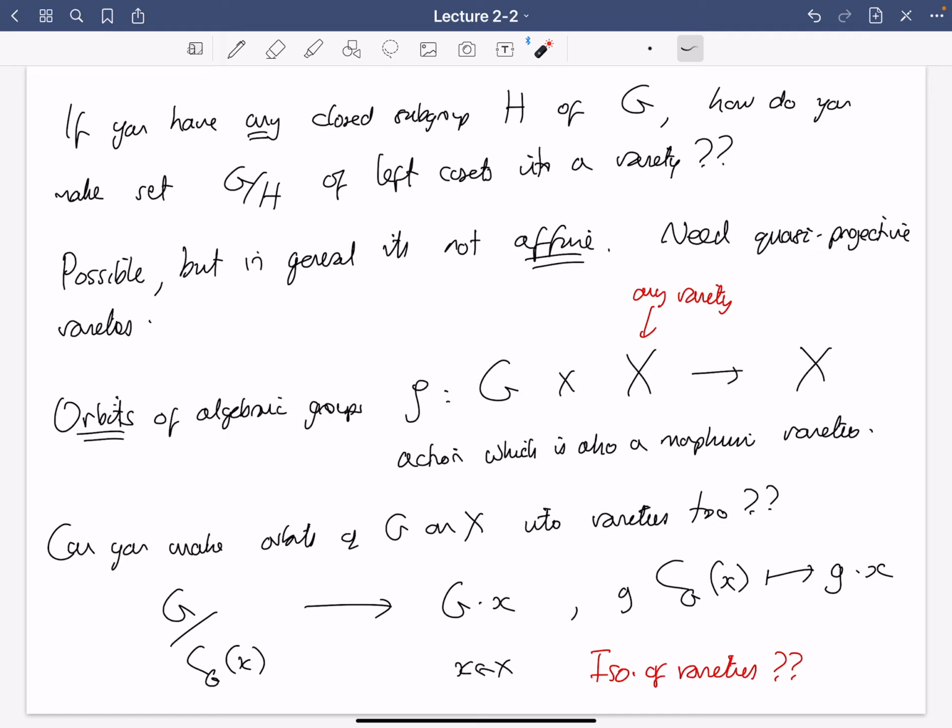And again, that turns out to be true in characteristic 0, but in positive characteristic p, that's not necessarily the case, and separability starts becoming an issue. So I'm not going to go in and do anything about any of these very interesting questions. Normal subgroups, making cosets into varieties, all of this uses a lot more algebraic geometry than we want to get into.